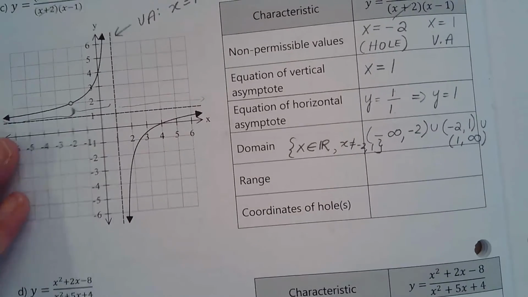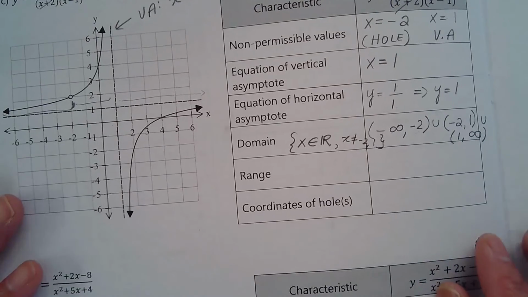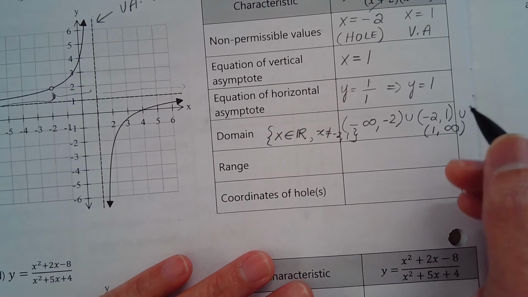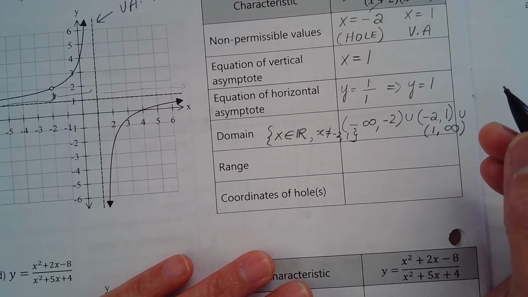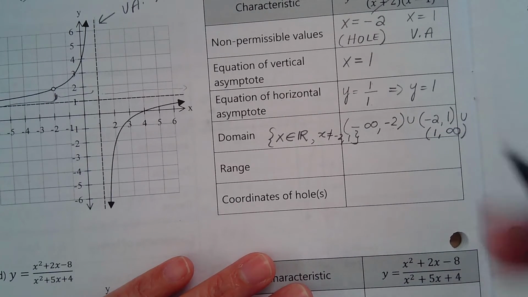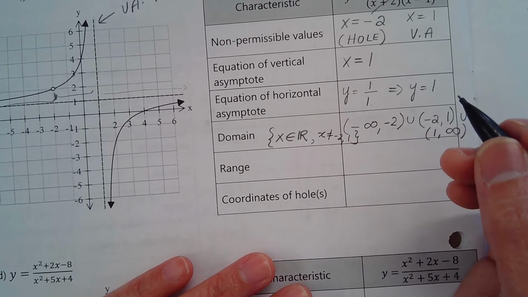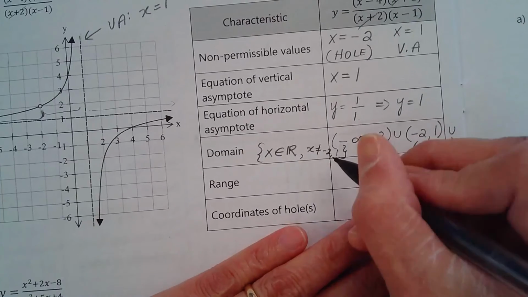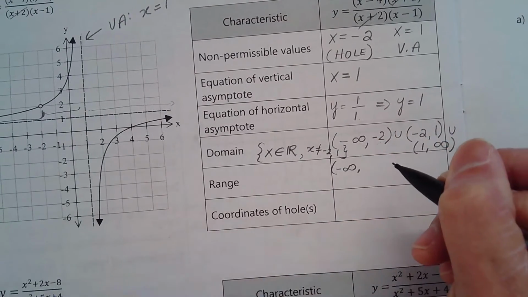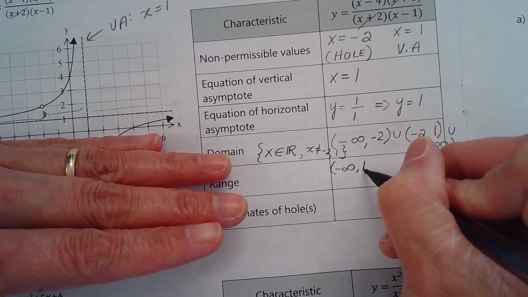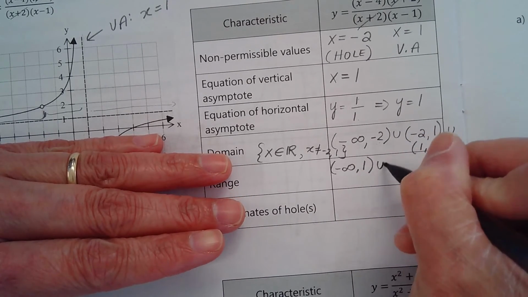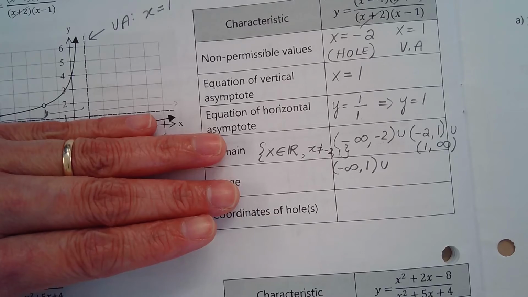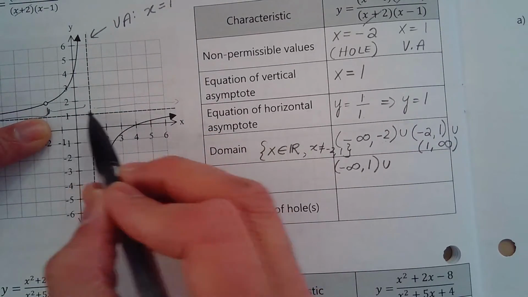Now let's take a look. What about the range? What are the possible values for the range? Let's start from the bottom all the way up. So we can say negative infinity up to 1, union 1 to 2.